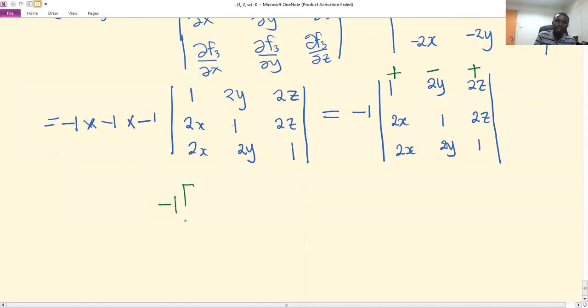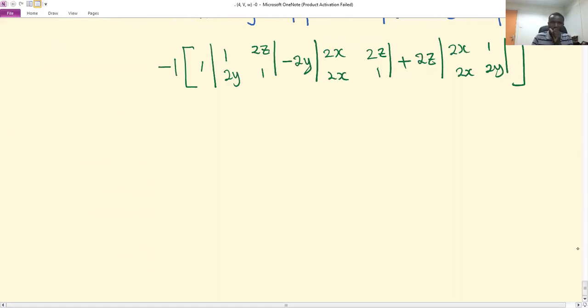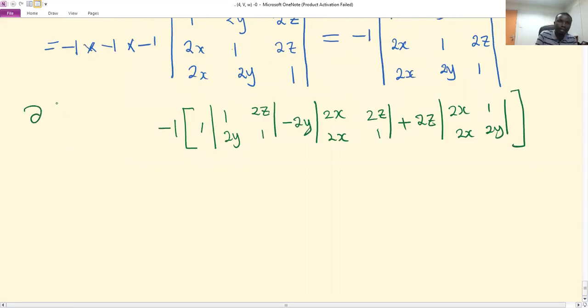So I'll have -1, and then this determinant positive, -1, then I have 1 times the determinant 1, 2y, 2z, 1, minus 2y determinant 2x, 2x, 2z, 1, plus 2z determinant 2x, 1, 2x, 2y, which will give me, remember this is the Jacobian of F1, F2, F3 with respect to the variables x, y, and z.